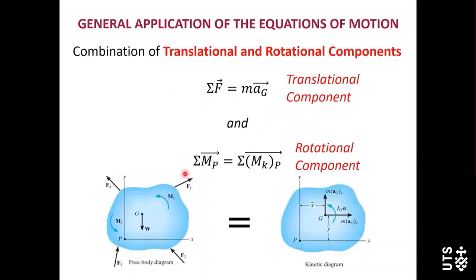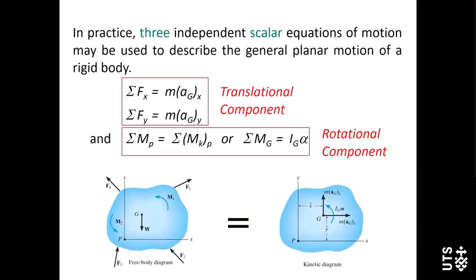And here, in this slide, we show this general expression of the equation of motion in vector form. We can also show this general expression of equation of motion for rigid body using scalar form. So here, these two translational components.